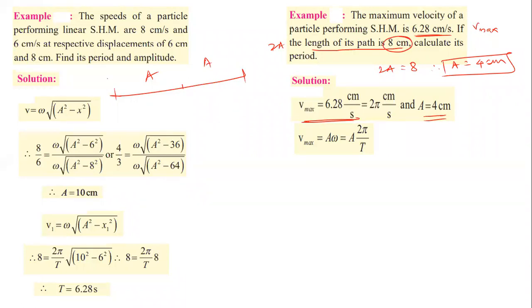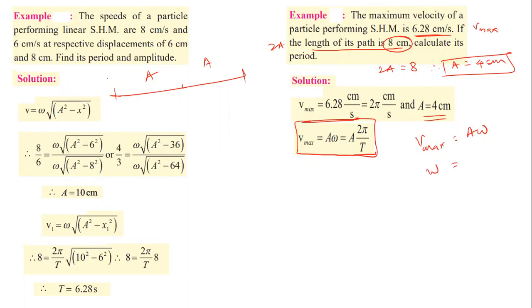So this is the maximum velocity formula. Maximum velocity is A omega. So here omega is not given. That we have to find out. And by that omega we have to find out period.